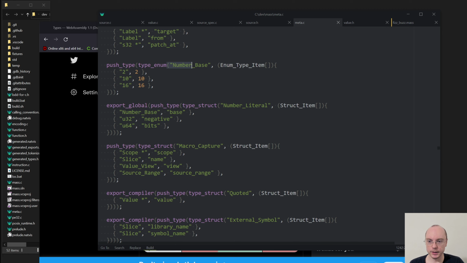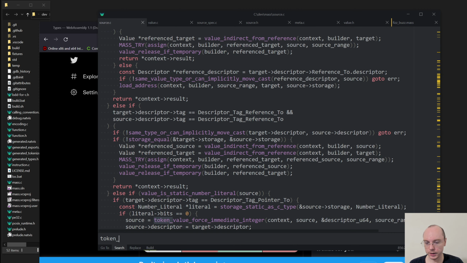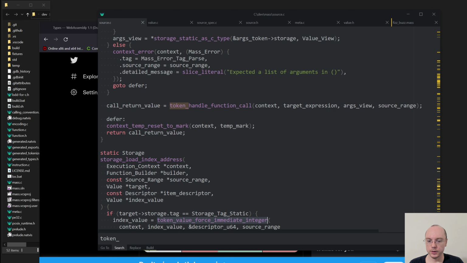The way it works is I have this very special struct that stores whether the number was parsed as a binary, decimal, or hex number, and then it stores whether it was a negative number, and it stores the actual bits of this number. And then whenever we need to actually convert it to a specific number, we do the check.